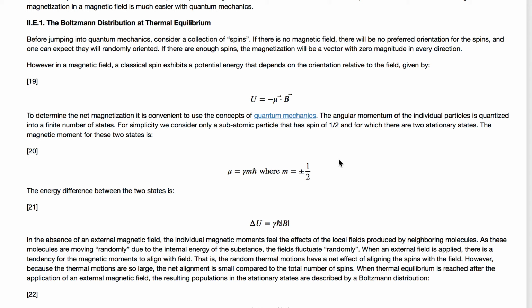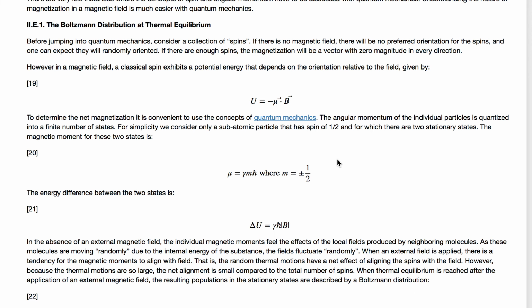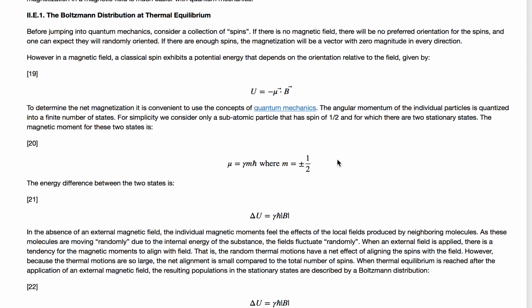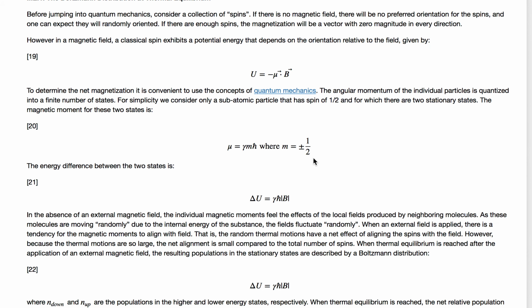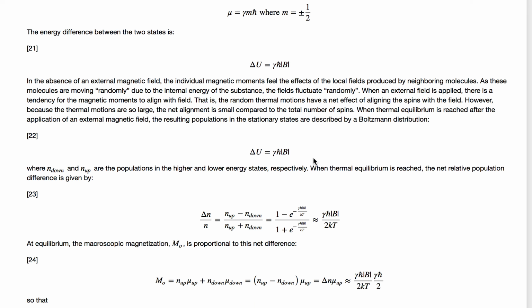It turns out if you put it in a magnetic field, it has 2 stationary states, and the probability of being found in those stationary states, they have different energies in the magnetic field, and therefore there's a slightly different probability of being in one state versus the other. And we'll discuss that in lecture 2 and try and make sense of what the distribution is.